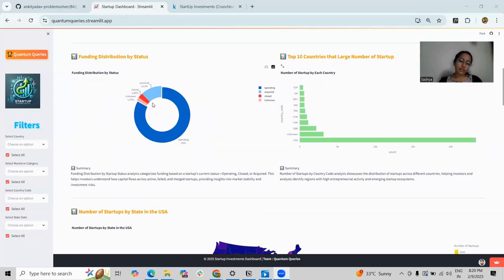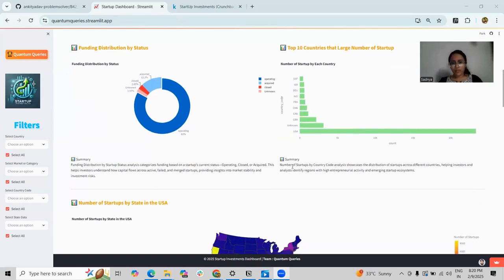So we can see here that it will be helpful to investors to see which funding is open, which funding is closed. Maybe some fundings are not delivered, or some startups are acquired. So this kind of insight is derived from this particular donut chart.